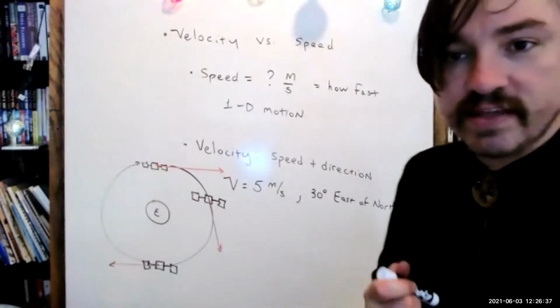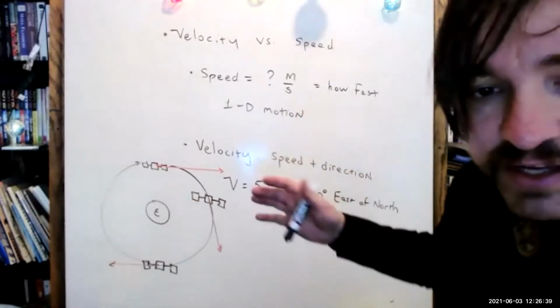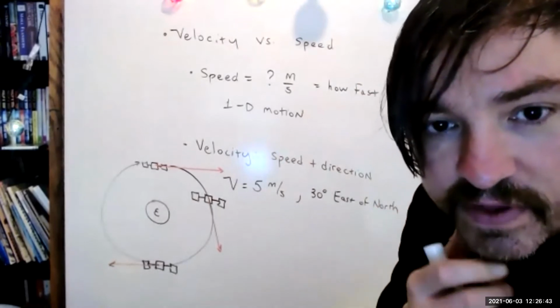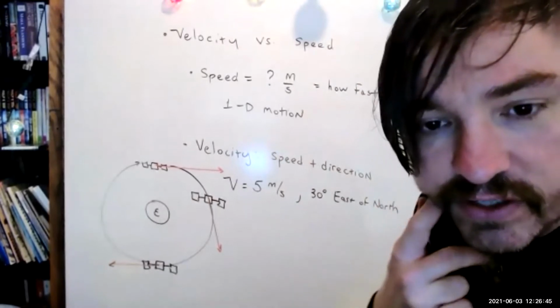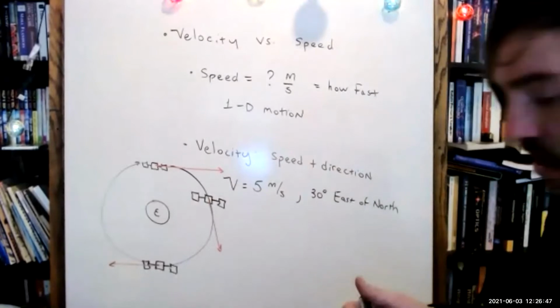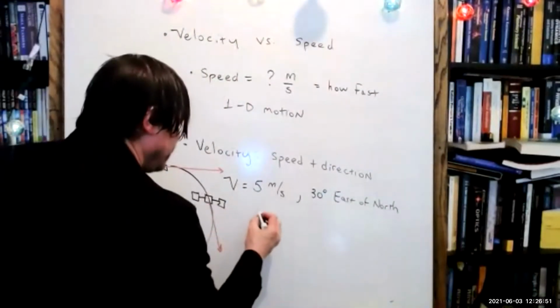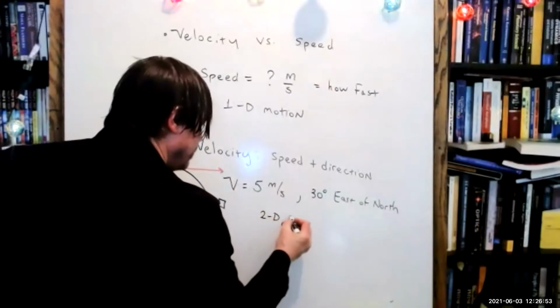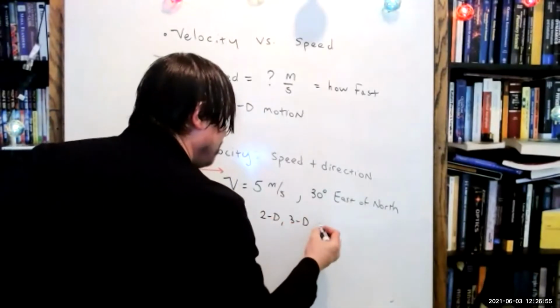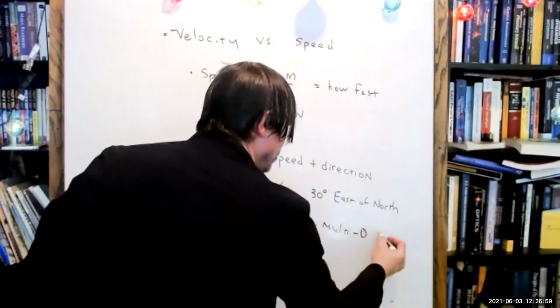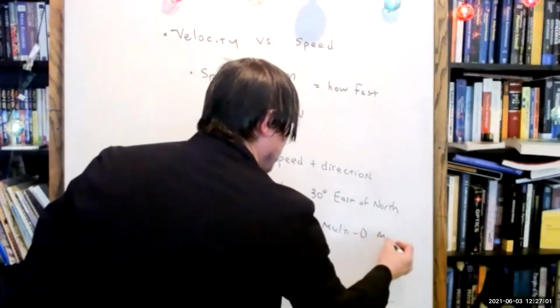We're interested in these things because changes in velocity are related to another quantity that comes up in Newton's laws called acceleration. Let's include Ian's suggestion that velocity is a 2D or a 3D or a multi-dimensional description of motion.